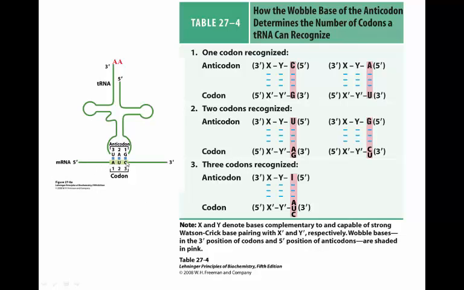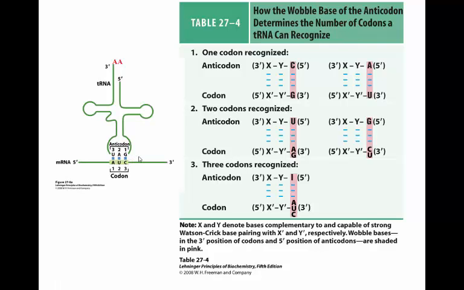Here is the 5' position of the anticodon, and this tRNA molecule is basically slightly flexible, and that allows different base pairing between what's in the 1 position of the anticodon and the 3 position of the codon. So by wobble, it means that this is actually slightly flexible and allows us to have alternate base pairing to the classical Watson-Crick base pairing.